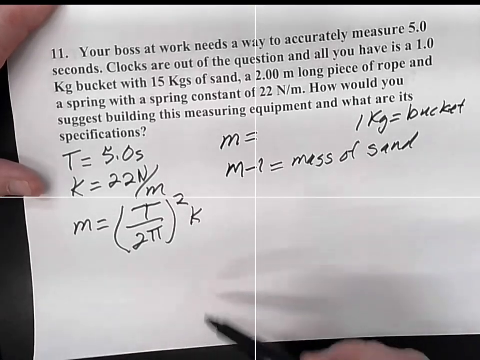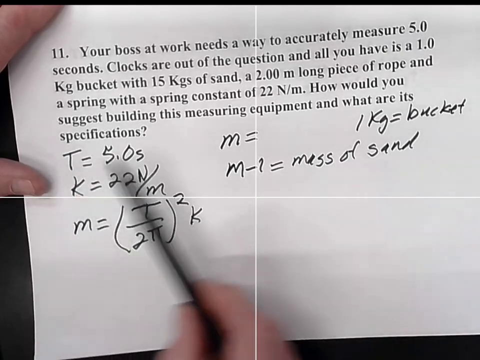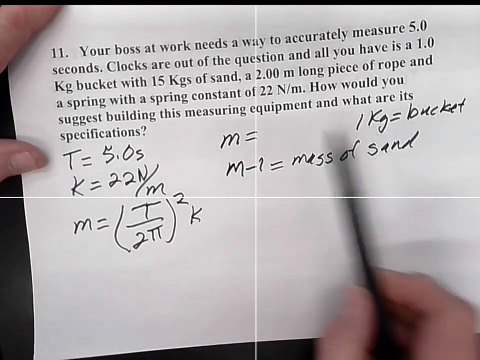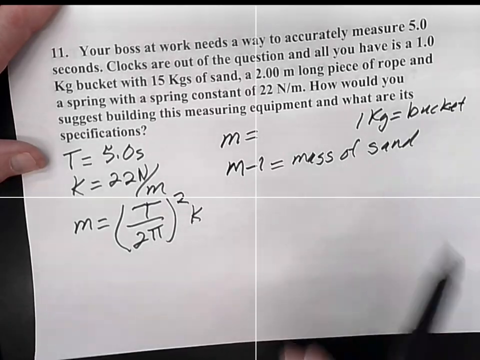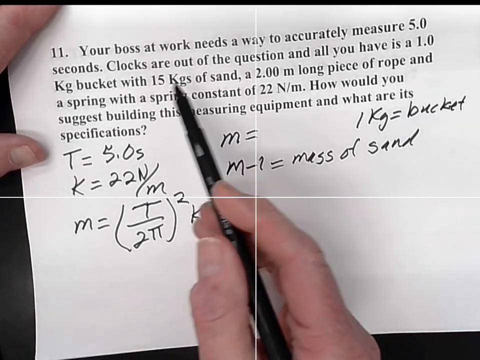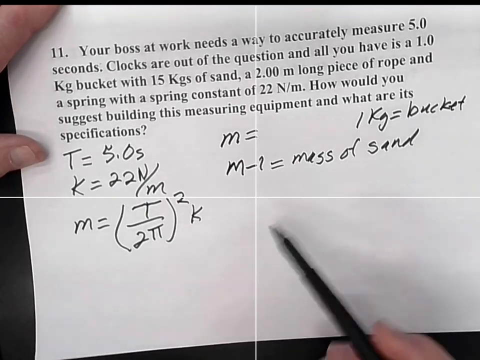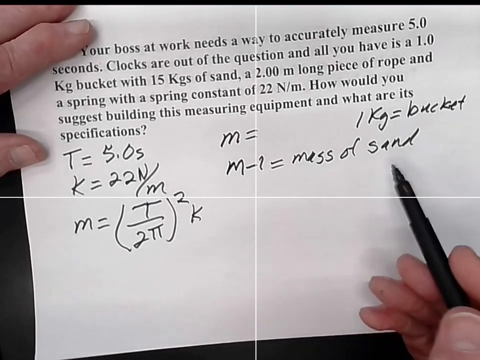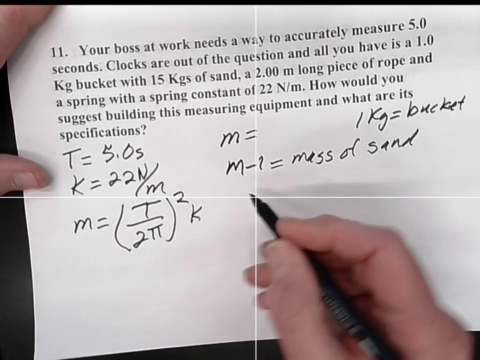So let me give you some ideas here. You have a string, and you have a spring, and you have a bucket, and you've got sand, and you want to make something with a 5-second period. So you'd say something like, or I don't know if I mentioned the rope. The rope's important too.